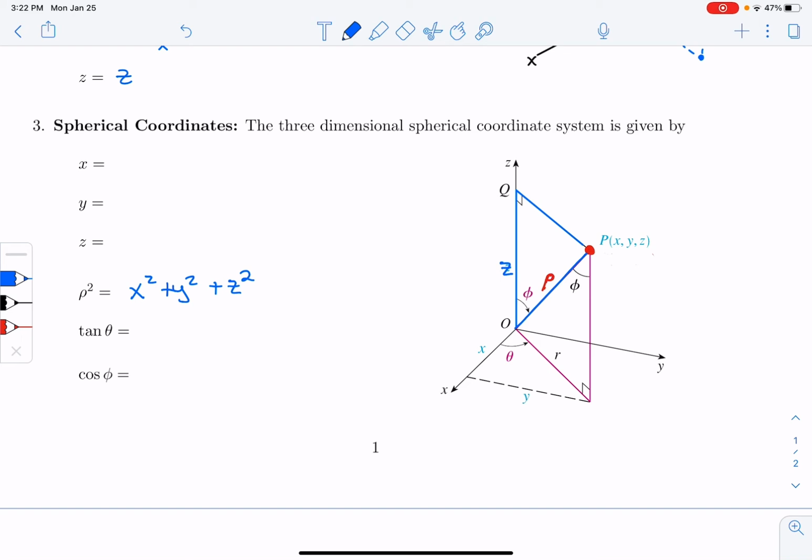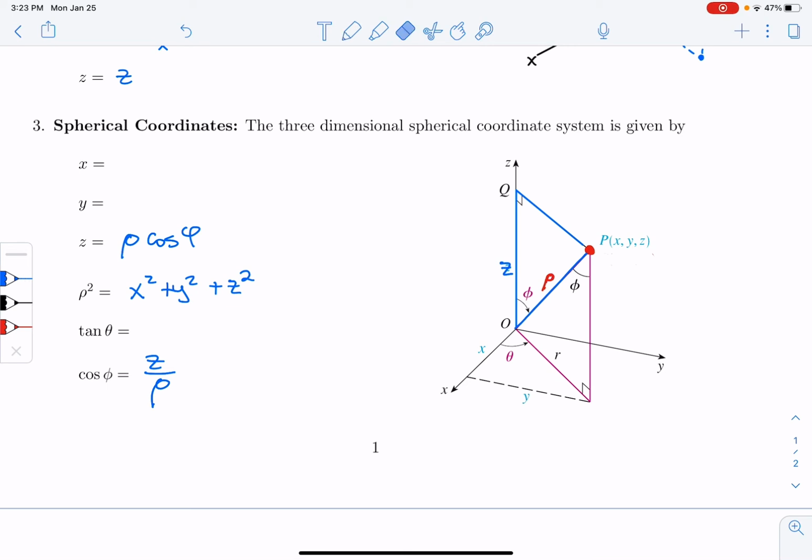And z, using trigonometry, would have to be rho cosine phi. Another way to think about that is that cosine of phi, using our definition of cosine, should be z, the adjacent side, over rho.